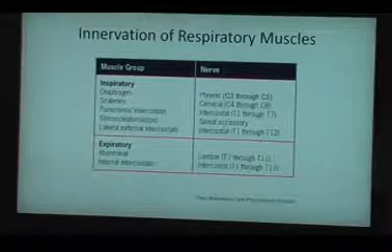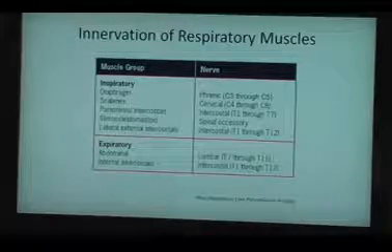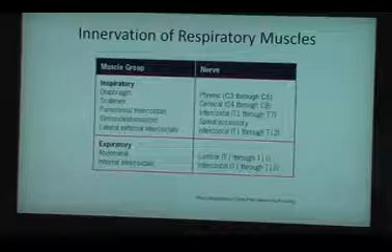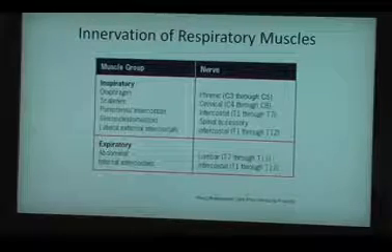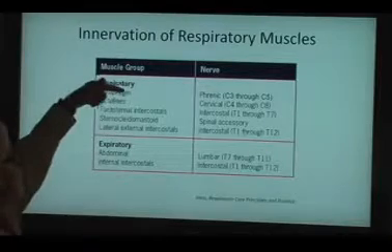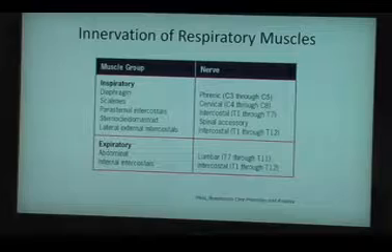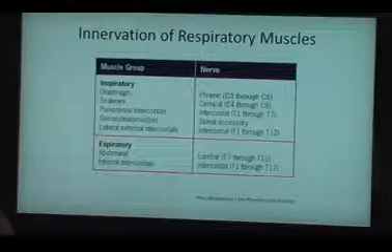So illustrated here is the innervation of respiratory muscles. So this becomes important when we think about patients with spinal injury, for example. The diaphragm is innervated by the phrenic nerve that arises from C3, 4, and 5, relatively high up in the neck.